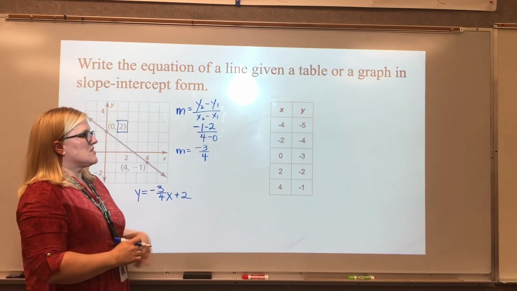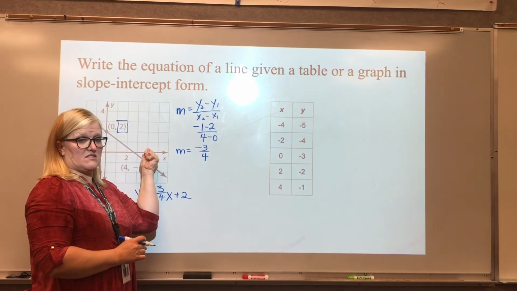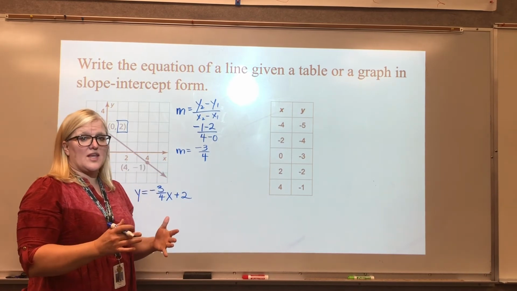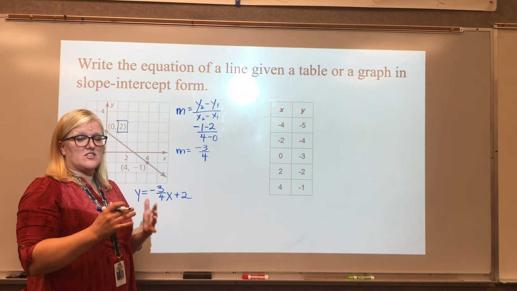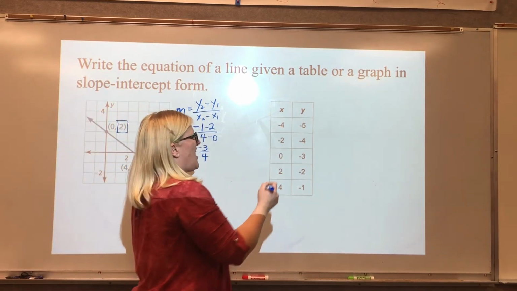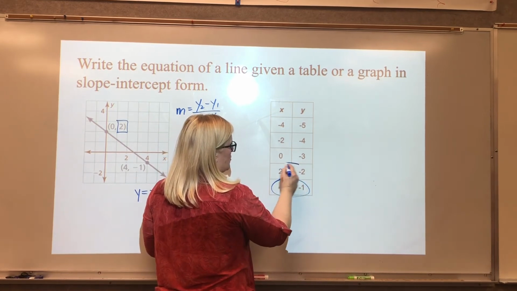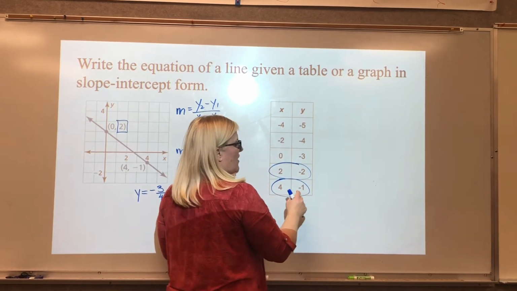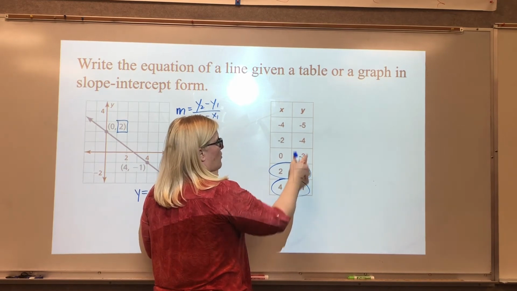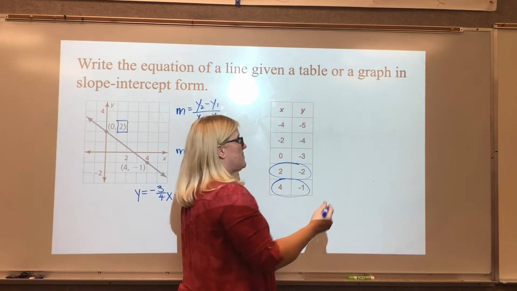Okay, so this one we're going to do something similar, only we don't have it as a graph. I absolutely have to have the slope first. So I'm going to take a couple of points here and I'm going to figure that out. And I think I'll just take two that are next to each other. I'll do these two right here. And it doesn't matter, I said this before, you could take this point and this point or whichever two you want, you will get the same slope.